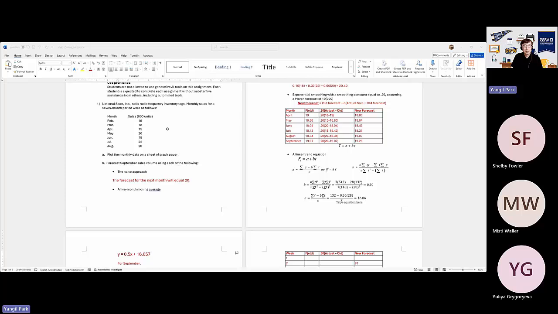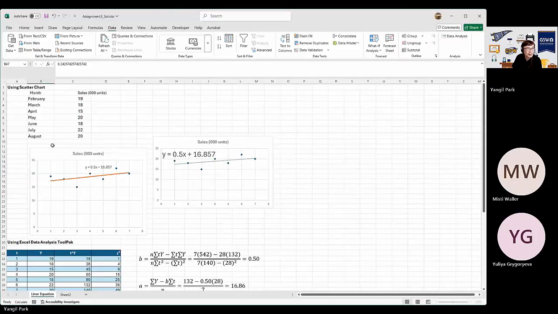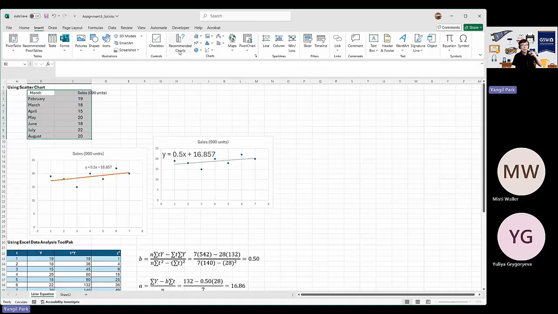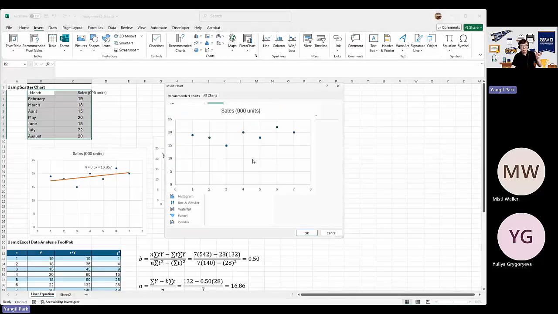So what I did was, all right, sorry about that. I think you heard it, but creating a scatter chart is pretty much straightforward: highlight, go to Insert, Recommended Charts, go to Scatter, then select it.